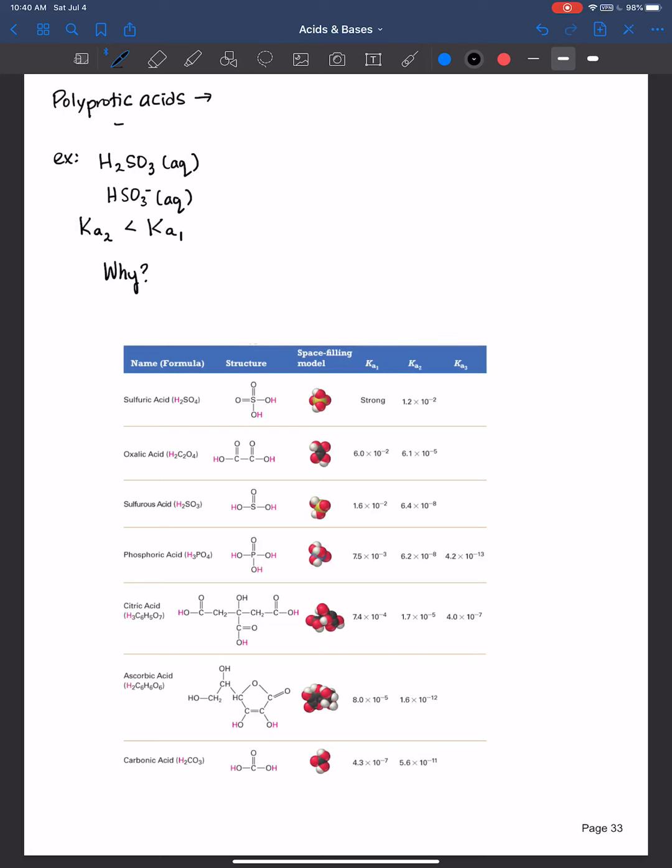So far, we've focused mainly on monoprotic acids. So what exactly are polyprotic acids? Well, they contain two or more ionizable protons.